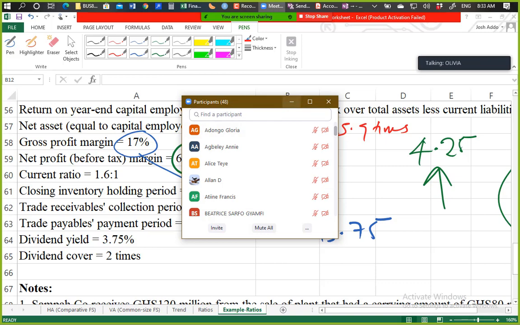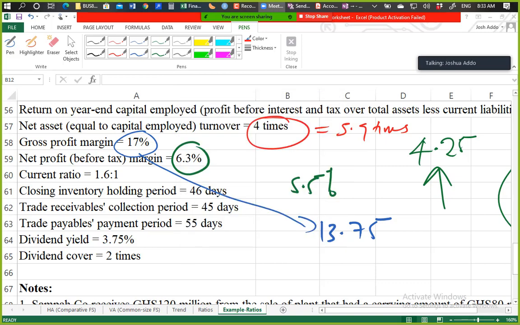Sir, it means the net asset value of this year is more, the company has done well this year than the previous year, looking at the percentage rates. Okay, that is good, but you have to be more specific in your usage of the terms. What we have calculated is net asset turnover.